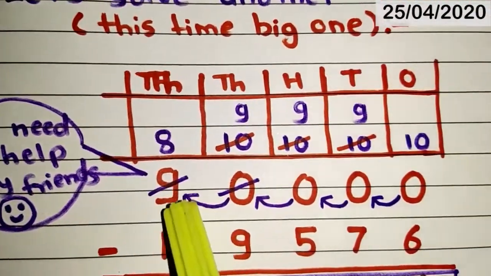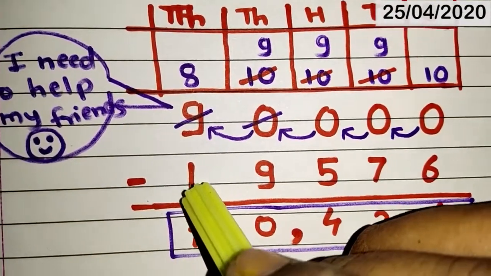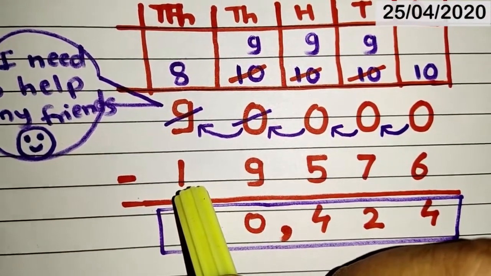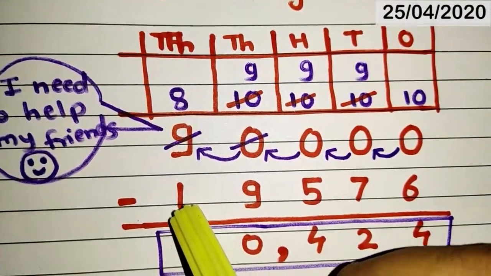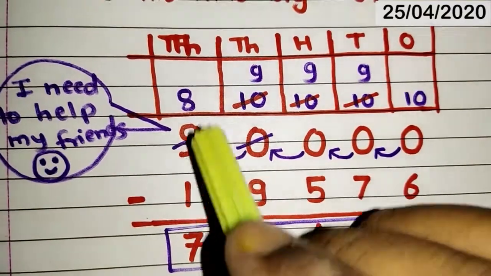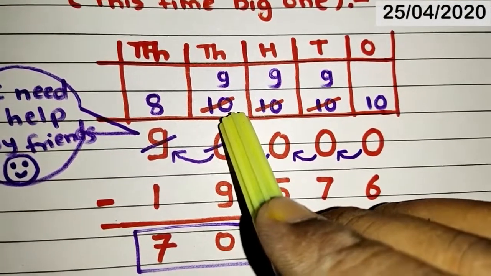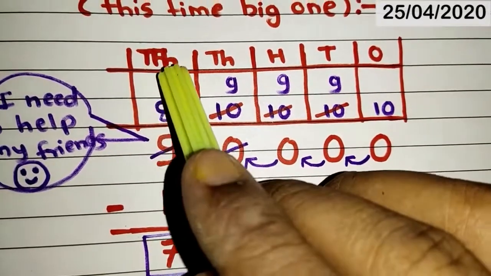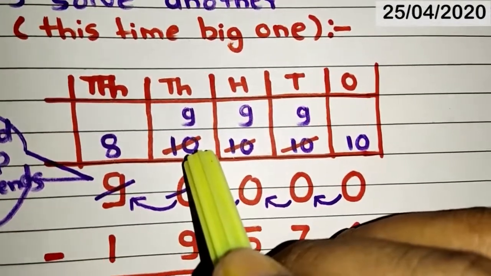Okay, so Mr. 9 checked how many he needs to give. He needs to give only 1. What one? 10,000. So he can give easily. He just needs to give 1 to this 1,000. So let's give 10,000 to this 1,000.